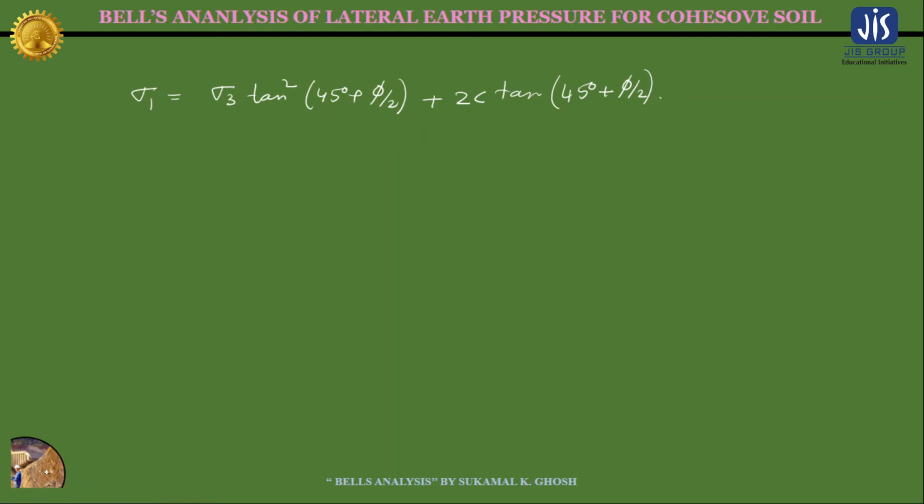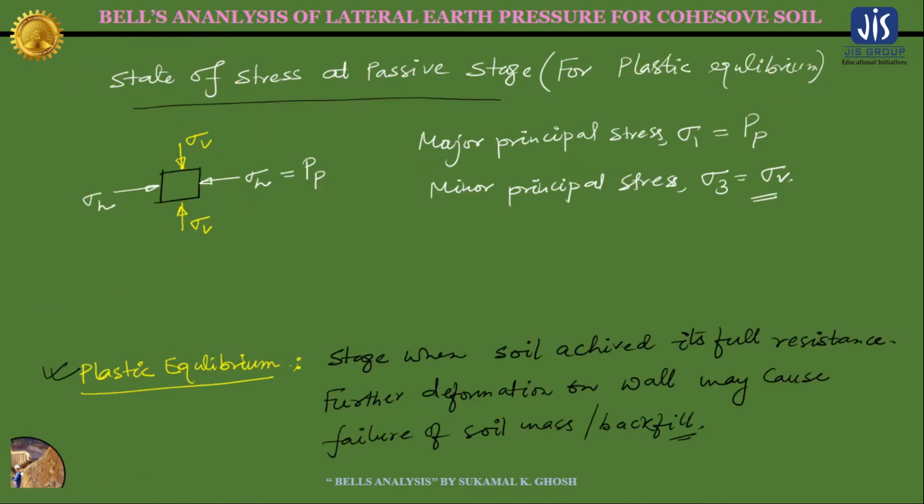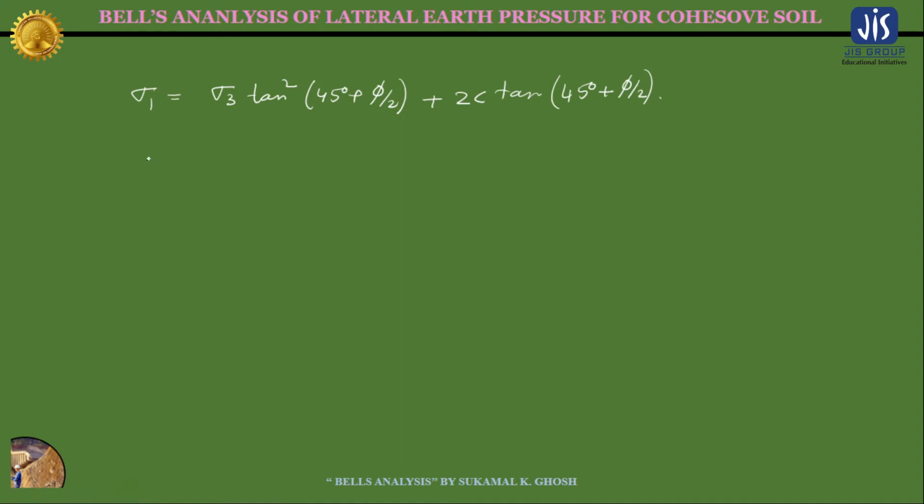Now we have discussed the state of stress at the passive stage, right? In the passive stage, sigma 1 is pp and sigma 3 is sigma v. So sigma 1 is pp and this sigma 3 is sigma v, so it is tan square (45 degree plus phi by 2), plus 2c tan (45 degree plus phi by 2).